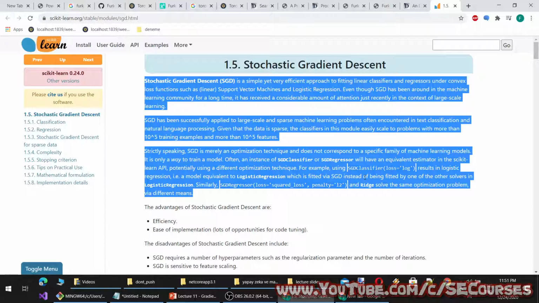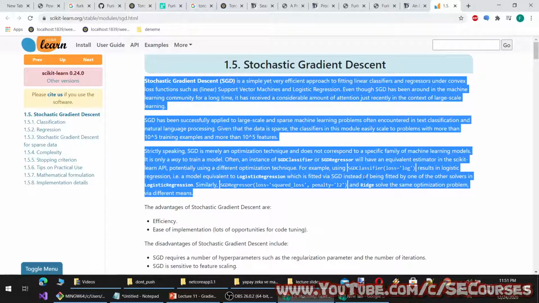SGD has been successfully applied to large-scale and sparse machine learning problems often encountered in text classification and natural language processing. Given that the data is sparse, the classifiers in this module easily scale to problems with more than 10^5 training examples and more than 10^5 features.